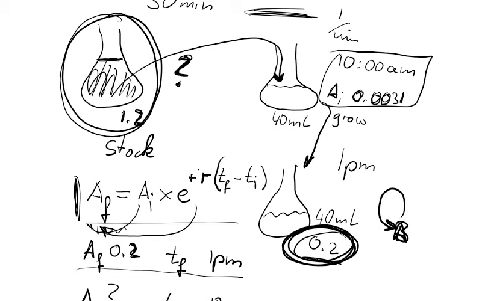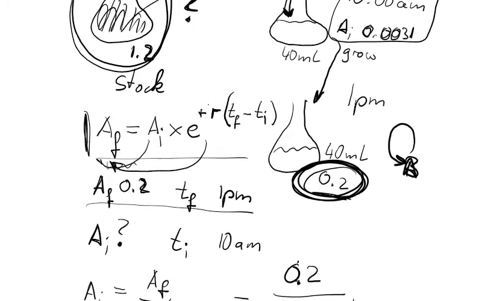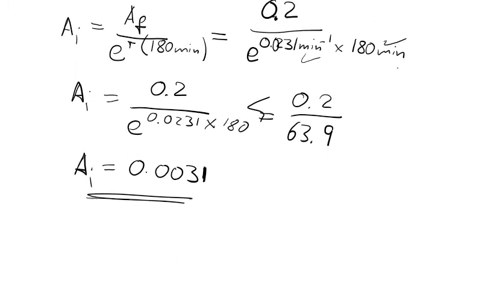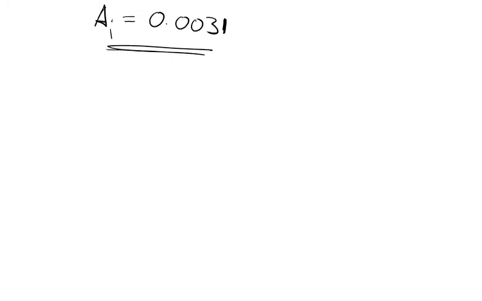C1V1 equals C2V2. So we have C1V1 equals C2V2. We want to have concentration 0.0031 and we want 40 milliliter of that.